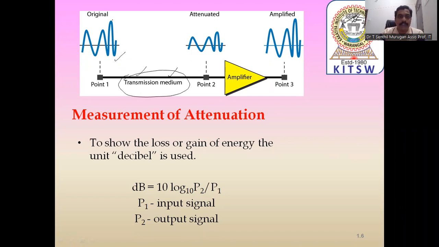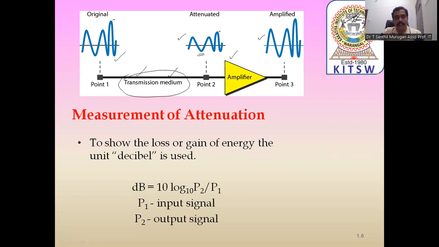Here the energy is like this, and here the energy is like this. So the signal has suffered some losses at this point. I want to get the original signal, so for that purpose I use the amplifier, which amplifies the energy of the signal. How much energy is lost is considered the attenuation.